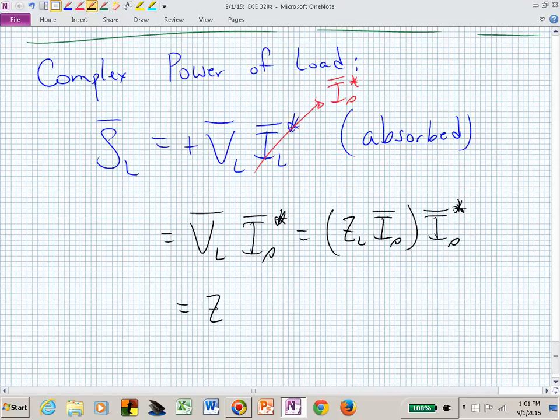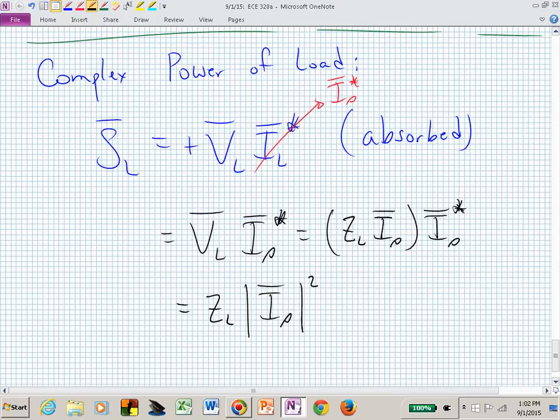And now we have Z sub L times a complex number times its conjugate. And what is that? Do you know what that represents? The magnitude of that complex number squared. Is everybody comfortable with that? If not, we'll pick up with that in just a minute.